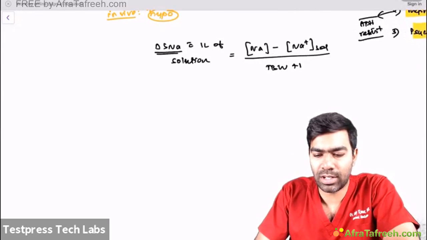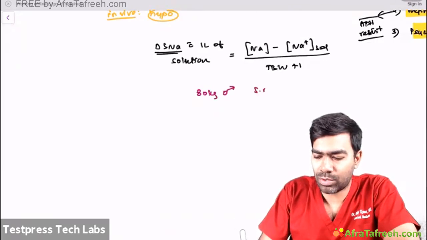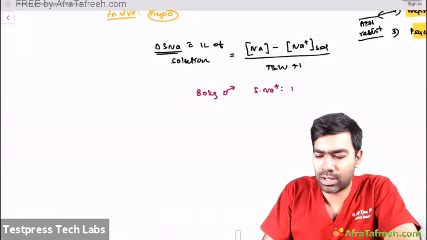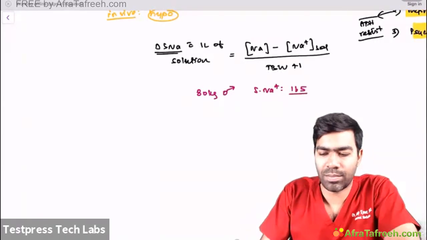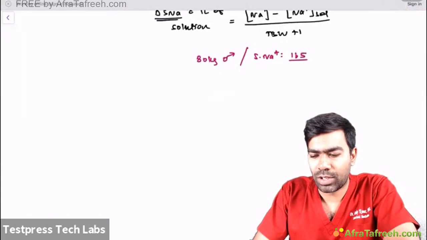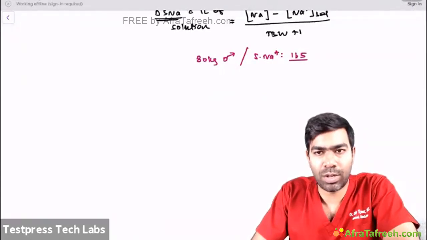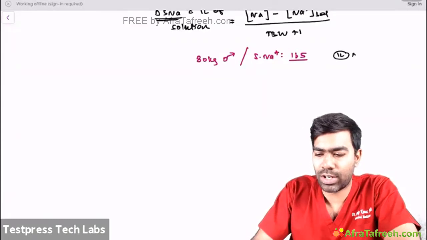So let me explain with a simple example. Let us take an 80 kilogram man who has a serum sodium of probably 165. Due to some reason, maybe too much diuretic abuse in the ICU, severe dehydration, severe water loss. So now how will you know the amount by which sodium will change? Probably I'm using 1 liter of dextrose 5 water.